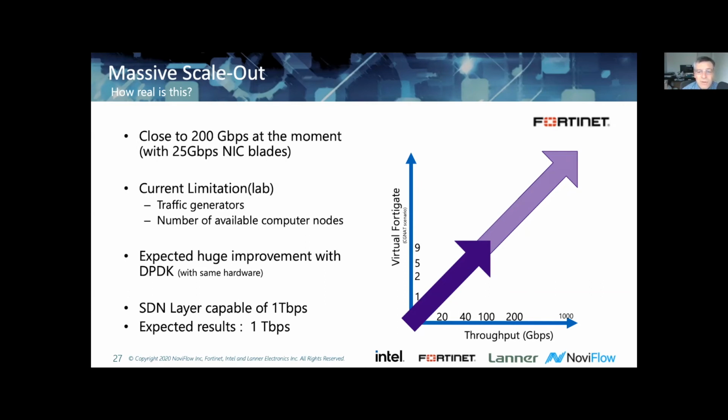Today, if you have one or a couple of VMs on one machine, you can maybe reach 100 gig on the NIC, and that's the maximum for a strong price. We saw with NoviFlow being able to reach those terabyte levels, and spread the load to many different VMs.